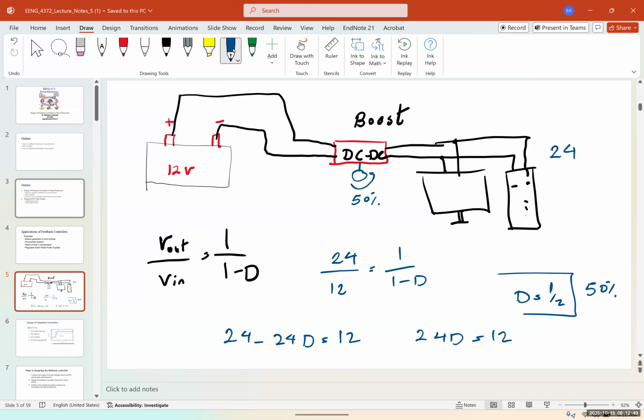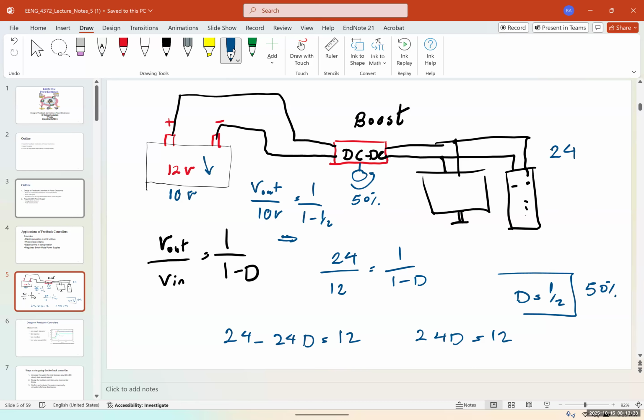But the problem is, since this battery is sitting there, it's not being charged, it's an off-grid system, the voltage is reducing, it's discharging. Now, when the voltage drops to 10 volts, and we haven't changed the D ratio at all, what happens is now we want to find V out. Vin is 10, and it's 1 over 1 minus half.